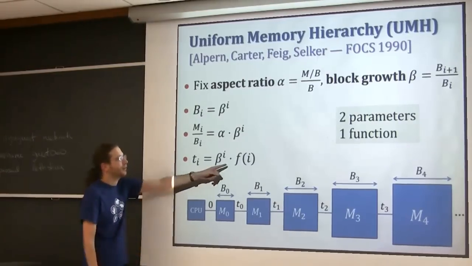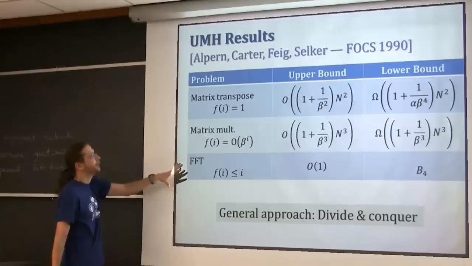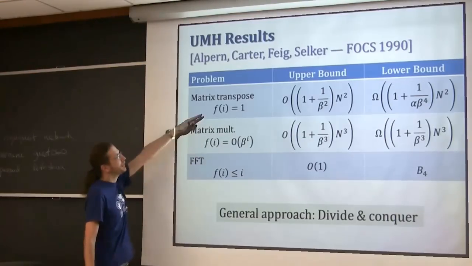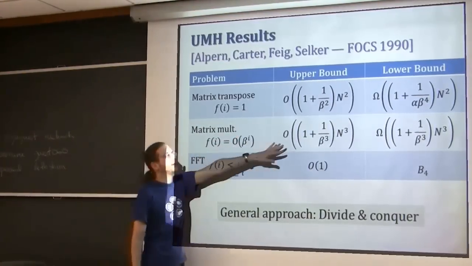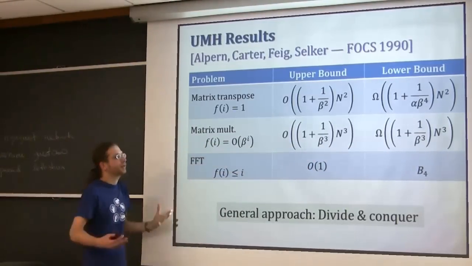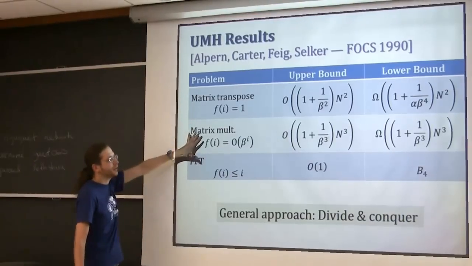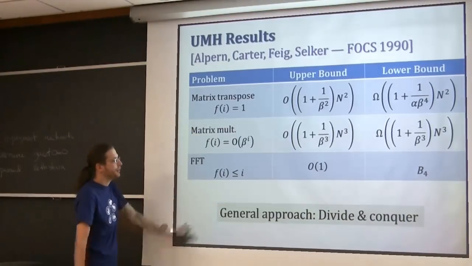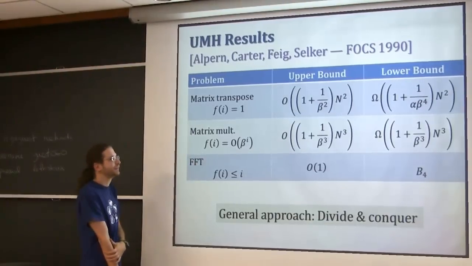And because of that, and this doesn't really clean the model enough, you get bounds which are interesting. You can say as long as f of i is at most something, then we get optimal bounds. But sometimes when f of i grows, things change. These algorithms follow approaches that we will see in a moment, divide and conquer. But it's hard to state what the answers are.